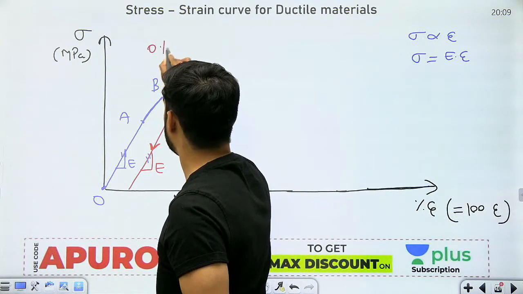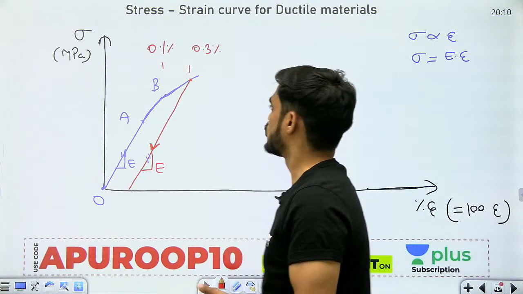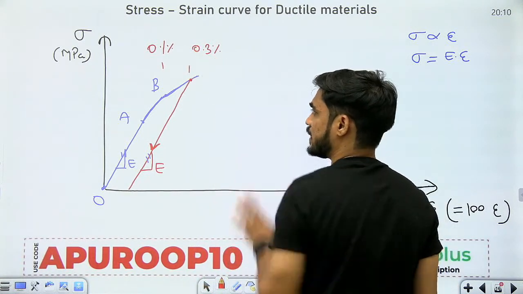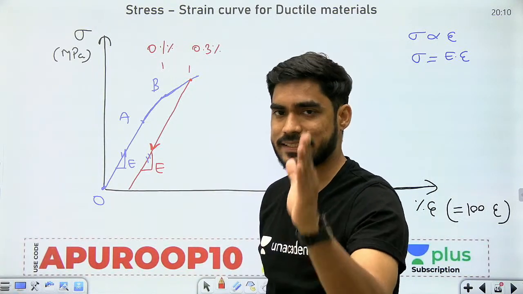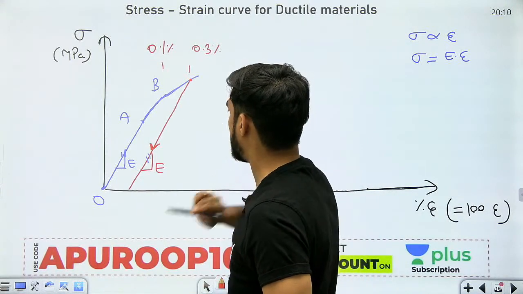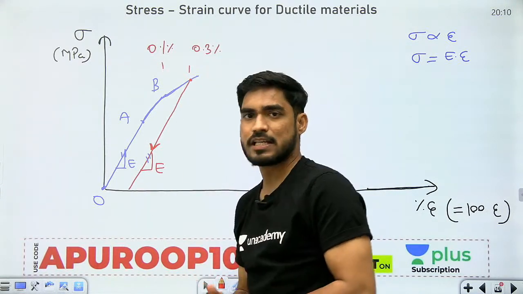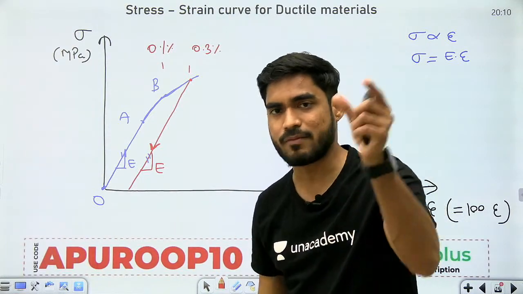So up to here there was 0.1% strain and here there is 0.3% strain. So beta, this total strain of 0.3% is the sum of elastic and plastic strain, right? Total strain of 0.3% is the sum of elastic and plastic strain.